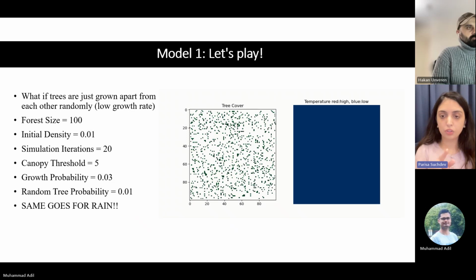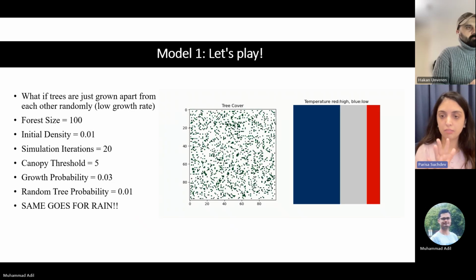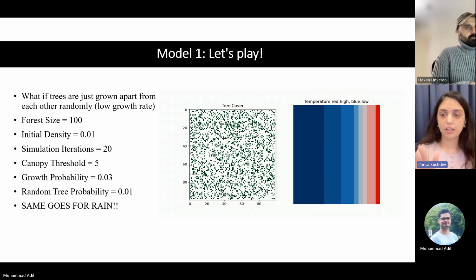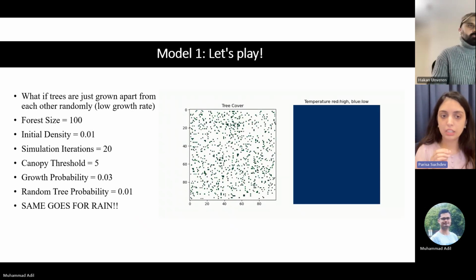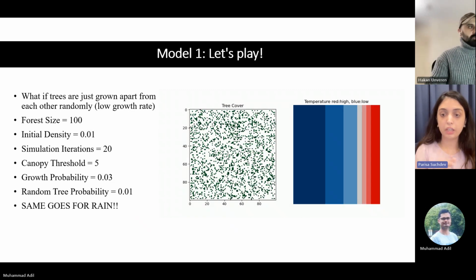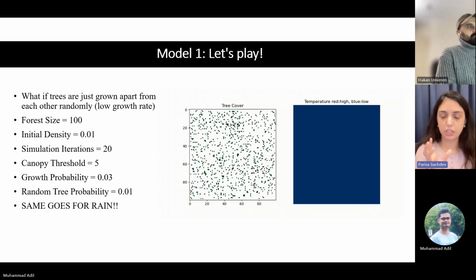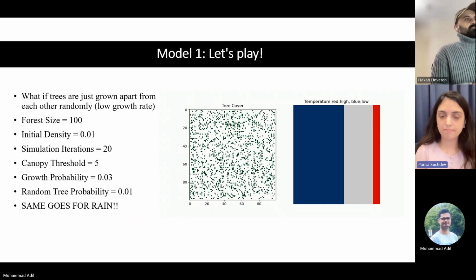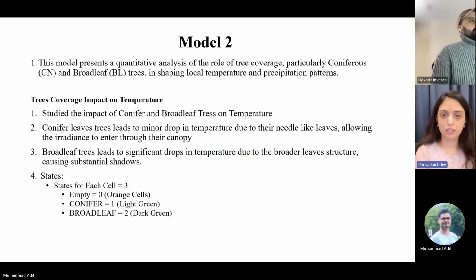We can see how slowly the temperature changes, like it's red, and then it very slowly adopts the new temperature, and we can see how fast it changes when there are more trees in a grid. Next slide. Adil is going to present his model too.